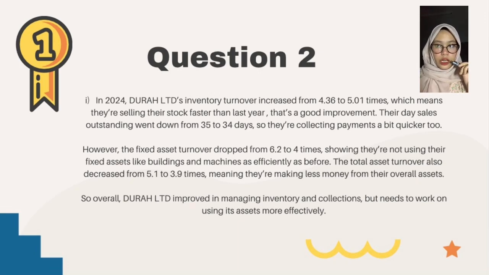But on the downside, they didn't use their assets as well as before. Their fixed asset turnover went down from 6.2 to 4 times, and total asset turnover dropped from 5.1 to 3.9 times. That means they're making less money from things like buildings, machines, and overall resources.